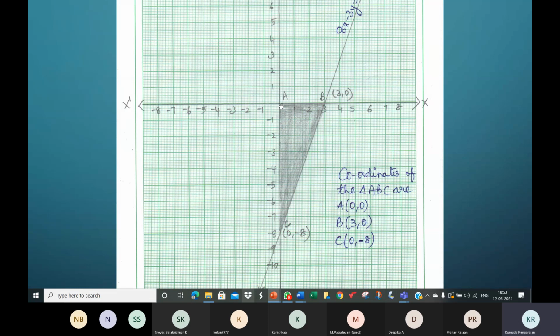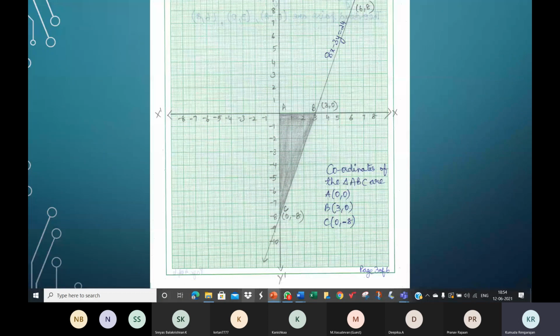The side AB of the triangle is a part of the x-axis. The side AC is a part of the y-axis, and the side BC is a part of the equation 8x minus 3y is equal to 24, the given equation.